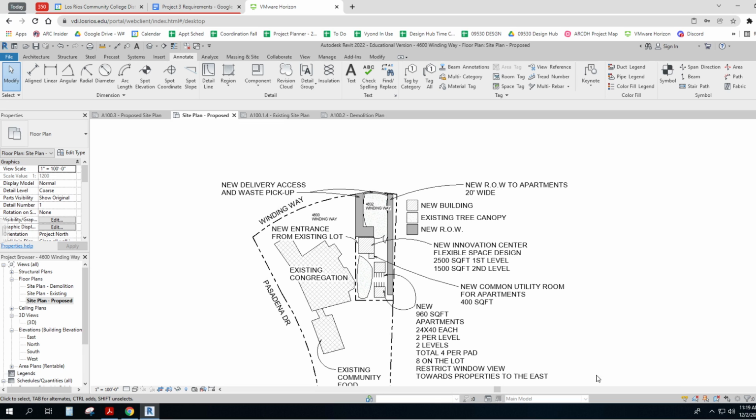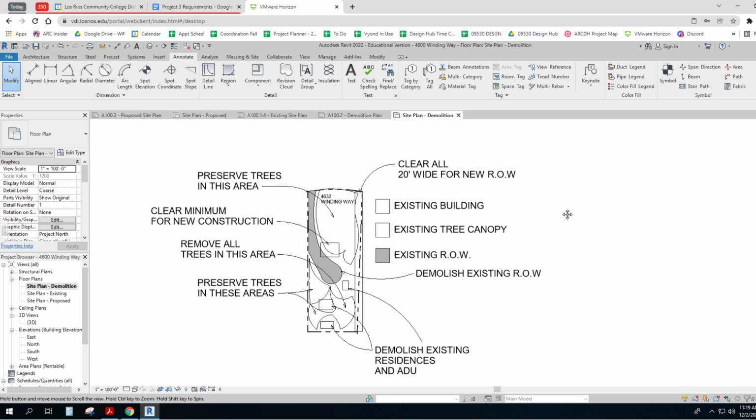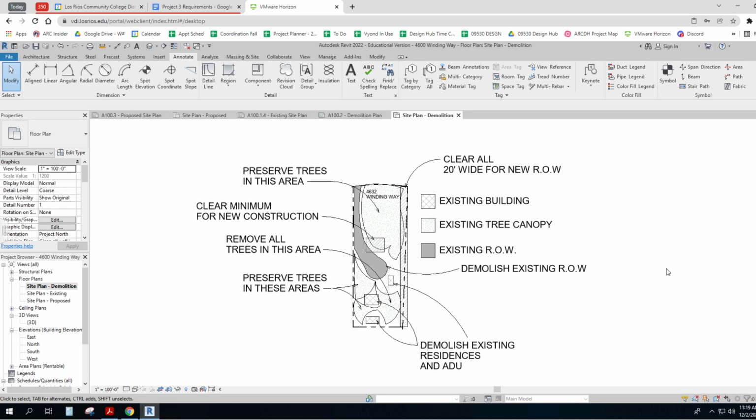Can I see your demolition one again? I'm done with my existing. Okay, on the demolition, I zoomed in on just the 4632 Winding Way. You'll want to make sure that you note what gets demolished. Now it could be that in your design you're keeping the existing right of way. Everybody's design is going to be different. Somebody might put the innovation center back here.